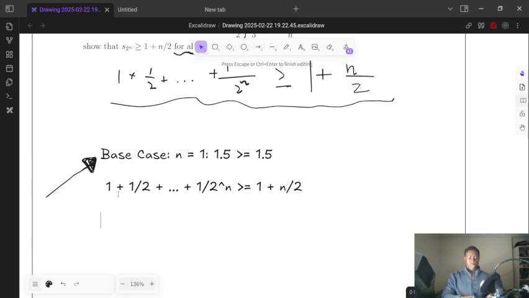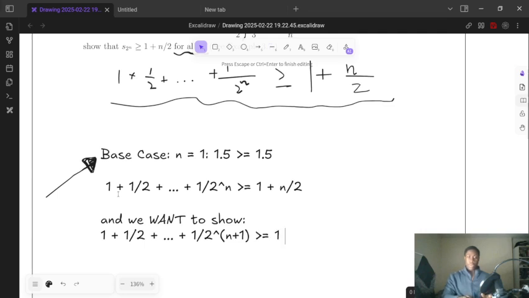And we want to show that this means that 1 plus 1 over 2 plus ... 1 over 2 to the n plus 1 is less than or equal to 1 plus n plus 1 over 2, okay?